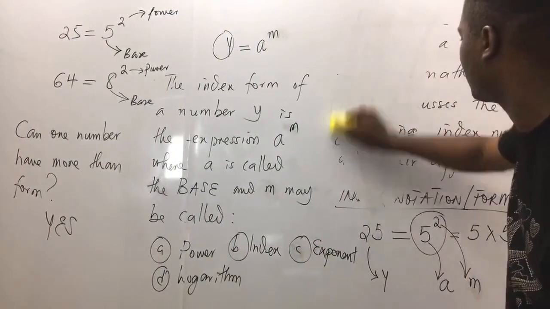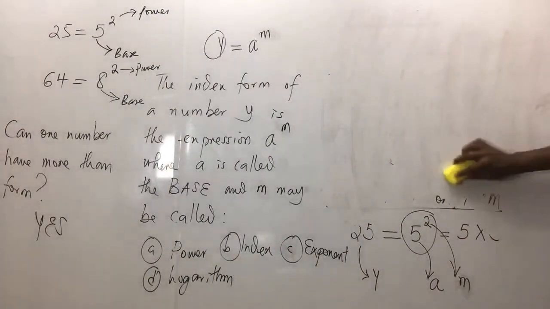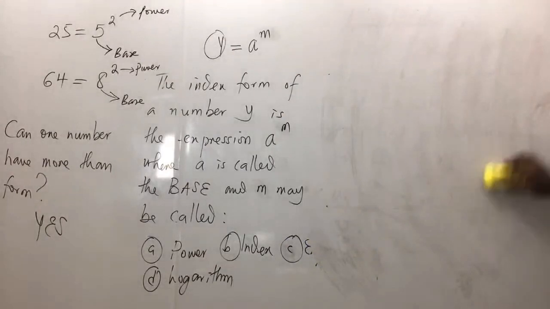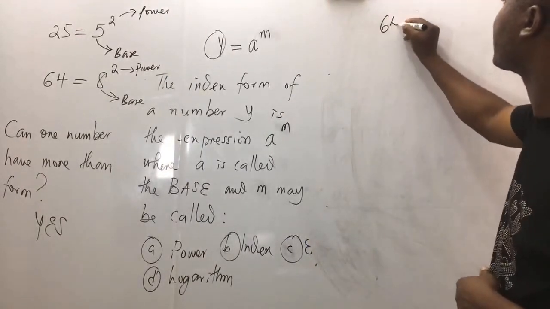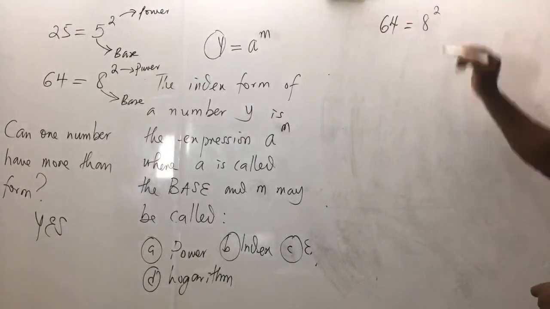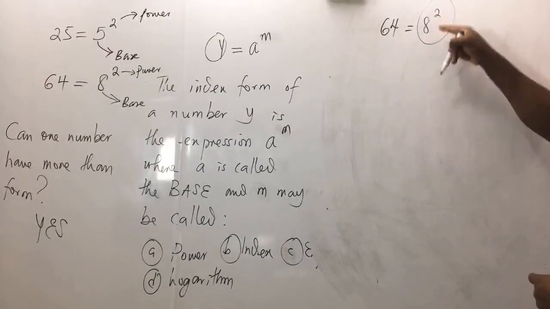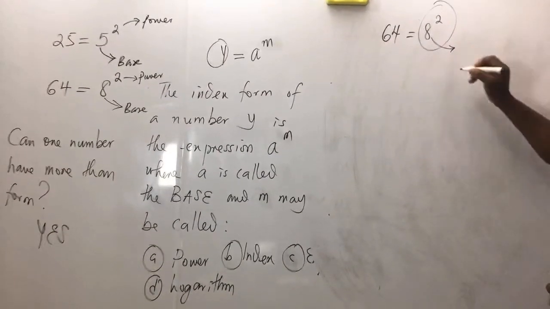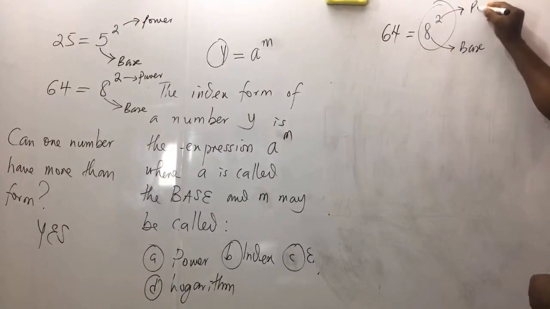I'm going to wipe this off quickly so that we could see what is being explained here. One number can have more than one index form. What it means is this. Let's go back to the example of 64. 64 can be written as 8 raised to the power of 2, implying that 8 raised to the power of 2 is the index form of 64, in which 8 is the base and 2 is the power.